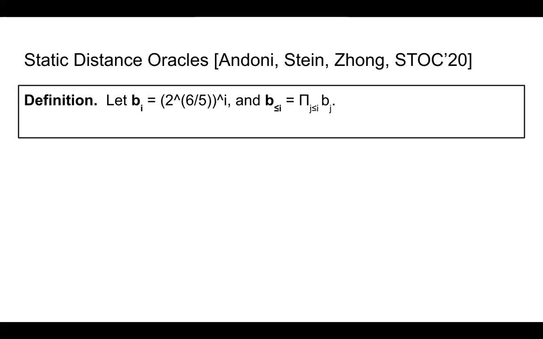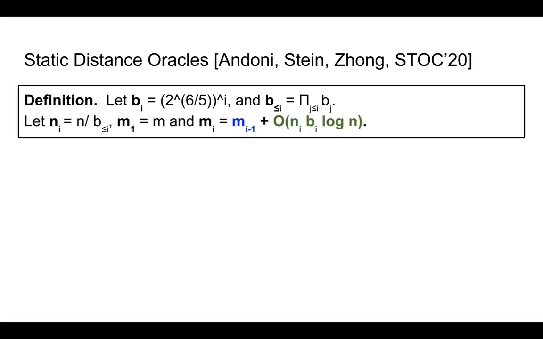And then we define b_{≤i} to just be the product of all of these b's that are smaller. We define n_i to be n over b_{≤i}. We define m_1 to be m initially, and then m_i recursively to be m_{i-1} plus n_i b_i log n.